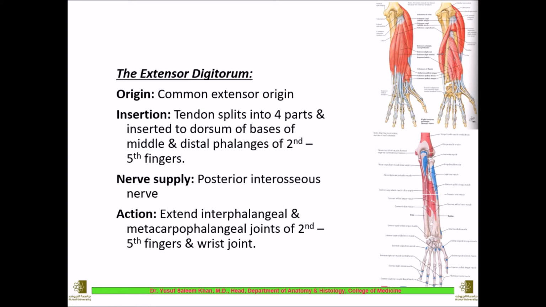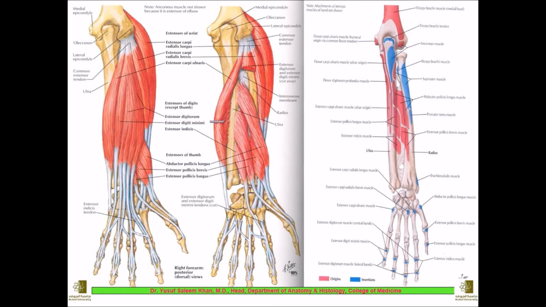Because it crosses all these joints and gets inserted to the distal phalanx, and because it is present in the extensor compartment and is an extensor muscle, it helps in extension. So this is about the extensor digitorum, its origin, insertion, and splitting.